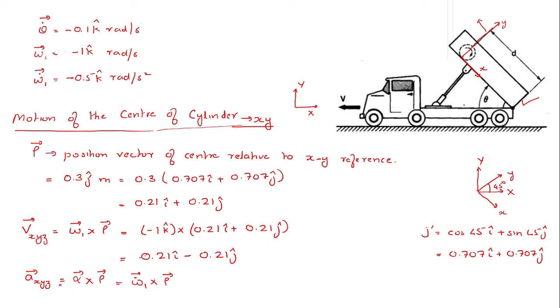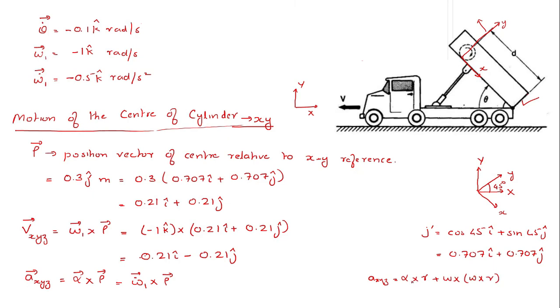Now usually people have a confusion here. You must have studied that for a body that is undergoing rotation, the acceleration vector a_xyz is equal to alpha cross r plus omega cross omega cross r.